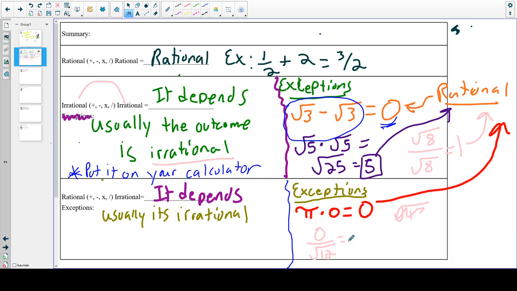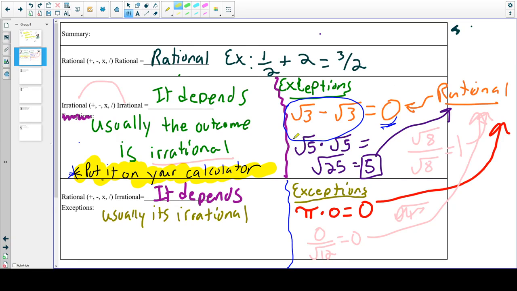Well, it's also 0, which is also rational. So I'm going to highlight this: when in doubt, put it on your calculator. Because if you don't remember these rules, then you're just going to assume that anything to do with another irrational is going to be irrational, or that an irrational and an irrational always gives you irrational, which is not always the case.